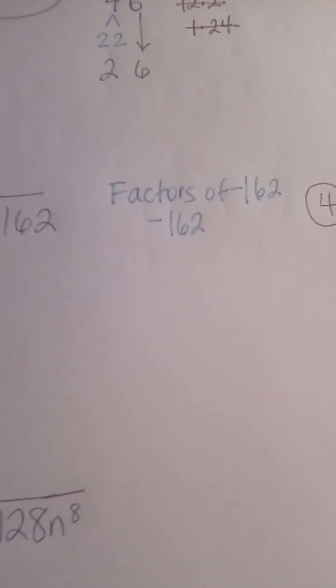So we have factors of negative 162. Make sure it's negative. All right. What are factors of 162? First hand, what numbers come to mind? 1 times 162.